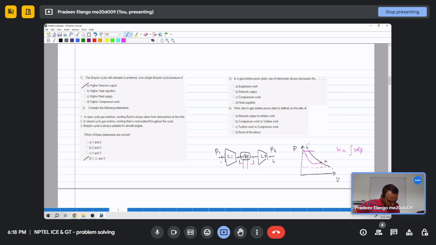So now you will take only this area as the work done on the compressor to compress the fluid. Whereas if you have to compress in a single stage, you also have to do work on this area, the black hatched area. So now you get some advantage of reducing the compression work. So that is the advantage of having an intercooler.